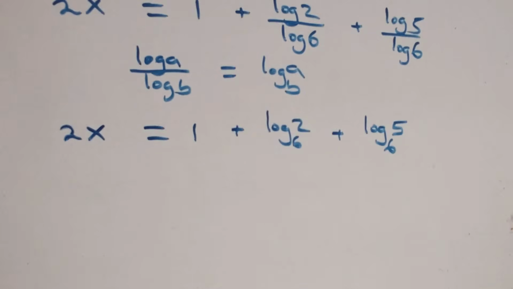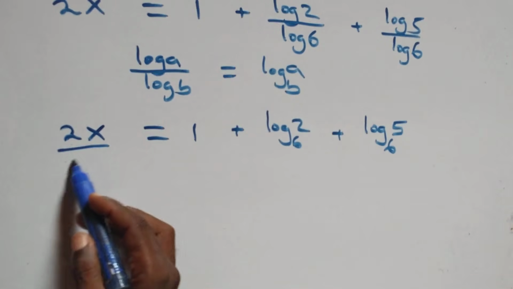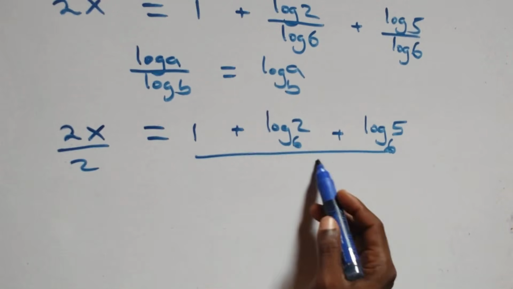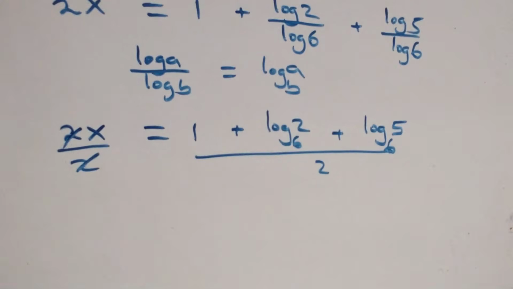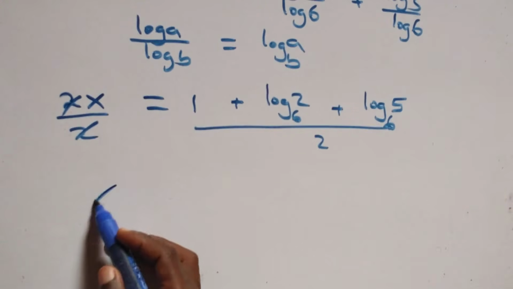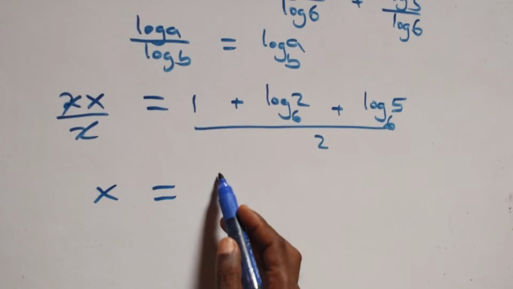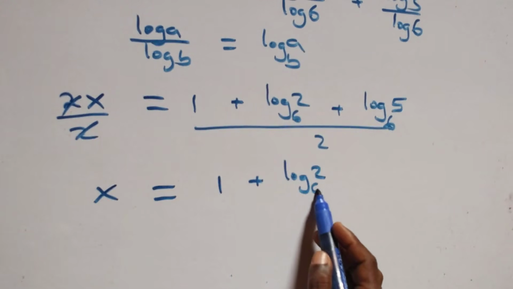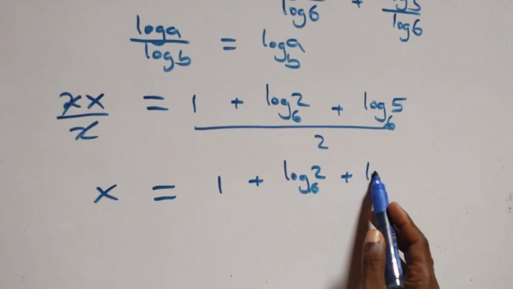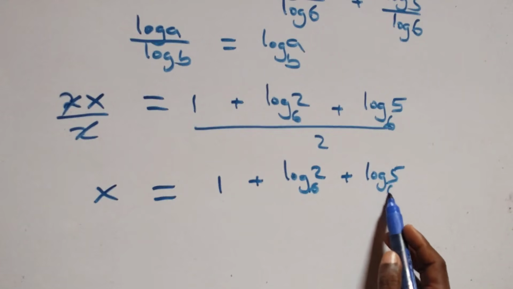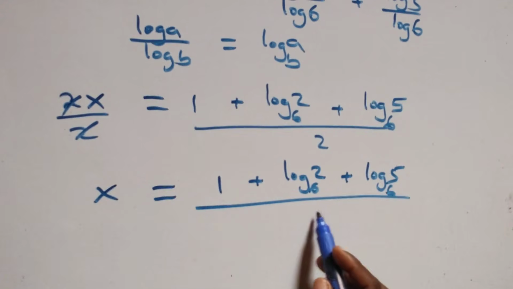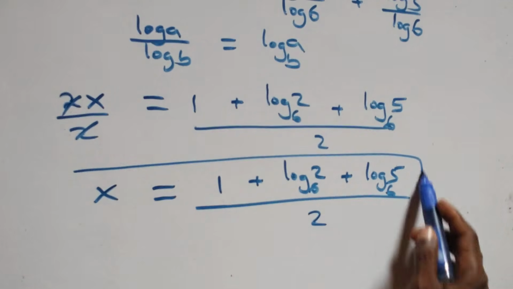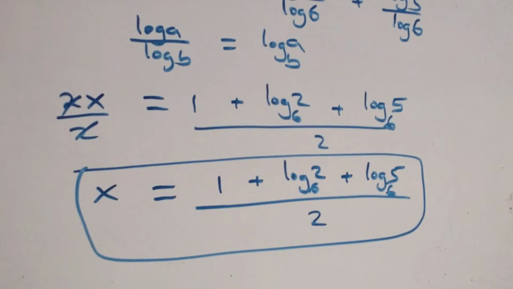Then we divide both sides by 2. The 2 cancel each other here. We have x equals 1 plus log 2 base 6 plus log 5 base 6, all over 2. That is the value of x in this problem.